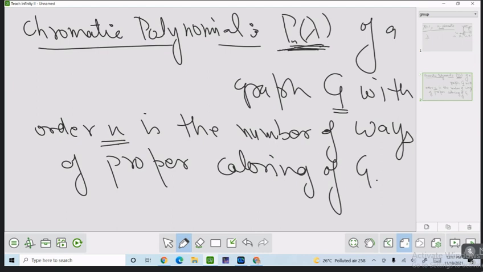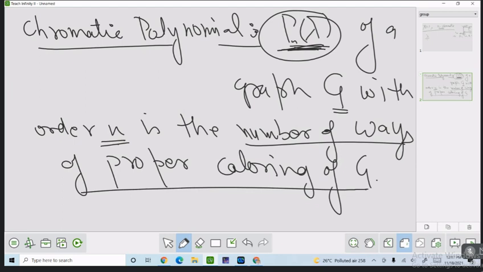So basically it is a polynomial: the number of ways of proper coloring of G. It is a chromatic polynomial.